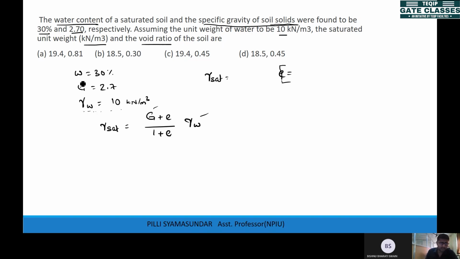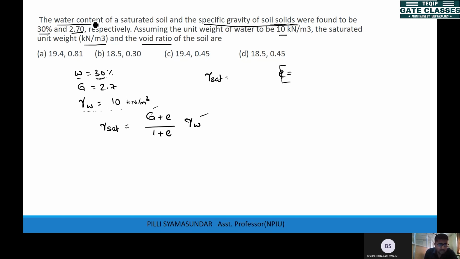Water content is given. Can we use this water content to find out E? Yeah, we missed something. Whenever you don't get the answer straight away, you go back and read the question.